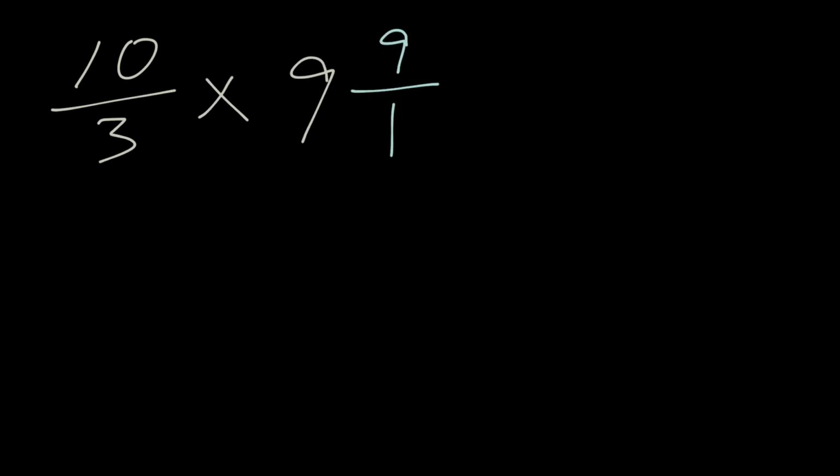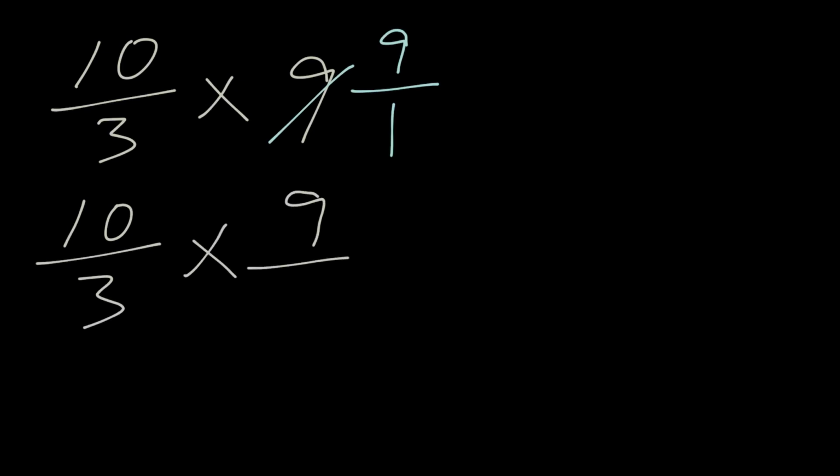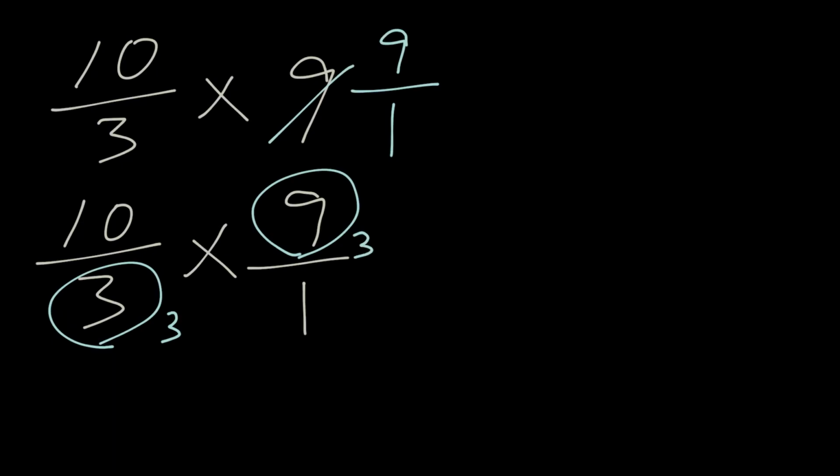Now what if you times the fraction by a whole number? The first thing we need to do is convert the whole number to a fraction. So in this case, 9 would be equivalent to 9 over 1. So we'll write 10 over 3 times 9 over 1. And here we can see 9 and 3 can both be simplified by 3.